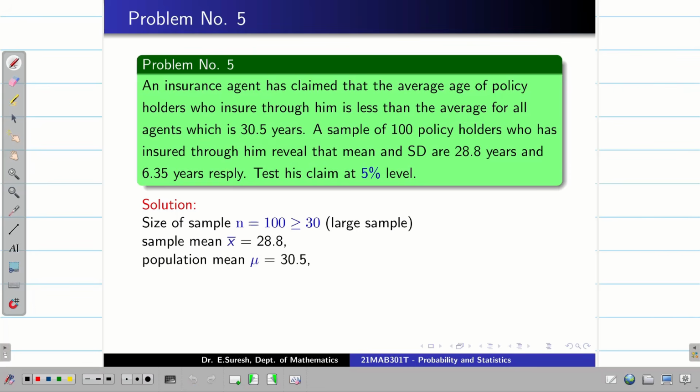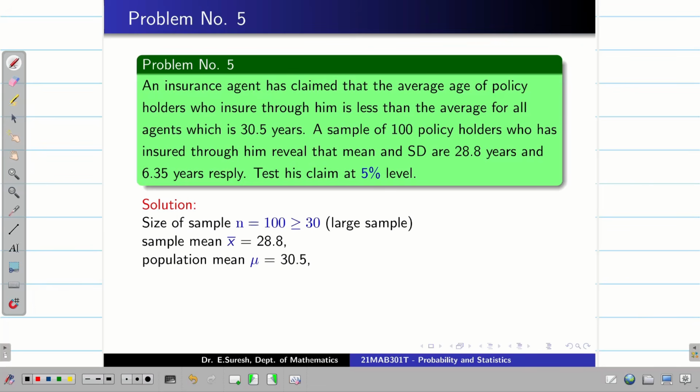So my mu is 30.5. The insurance agent is claiming that the average age of policyholders who insure through him is less than the population average. So what he is telling is, whoever comes to him to insure, their ages are less than 30.5.